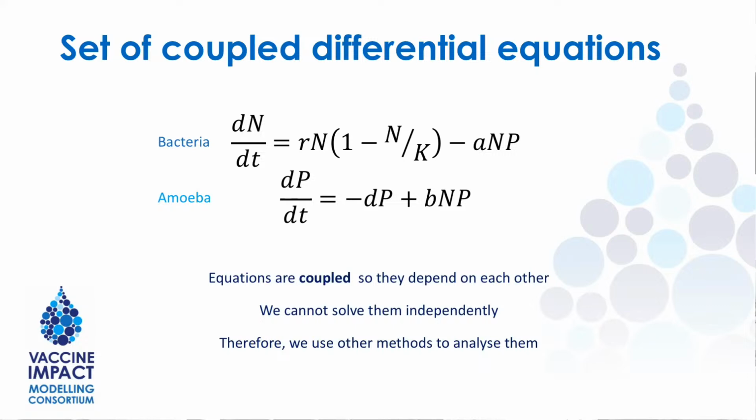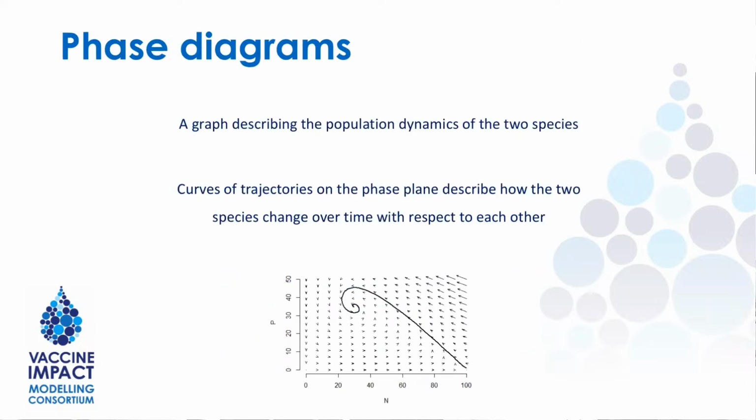So here we've got our set of coupled differential equations. One equation depends on the population in the other one. That's what we're saying. Can't solve them independently because they're now linked. So we have to use other methods to explore what's going on. One way we could do this is by phase diagrams.